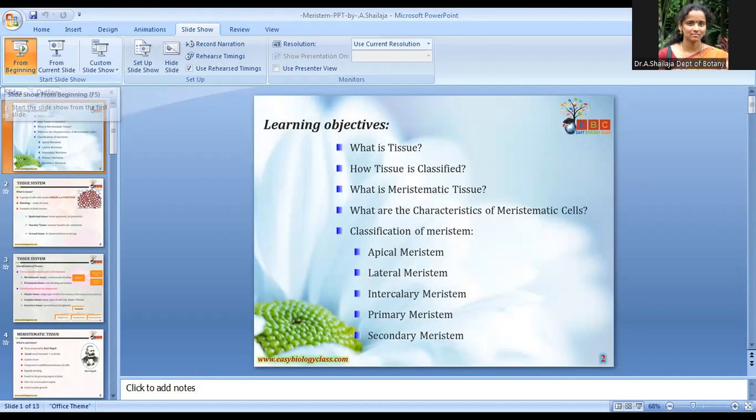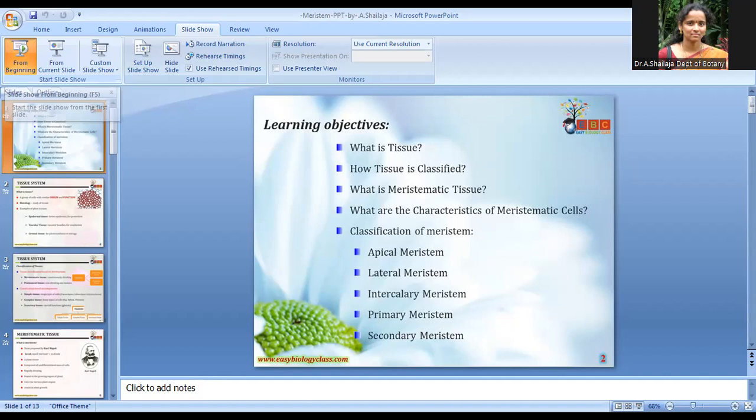Next, Marcello Malpighi, one of the scientists, belongs to Italy, and Nehemiah Grew belongs to Britain. These two laid the foundations of anatomy. Grew for the first time introduced terms like parenchyma, cortex, and vessels.